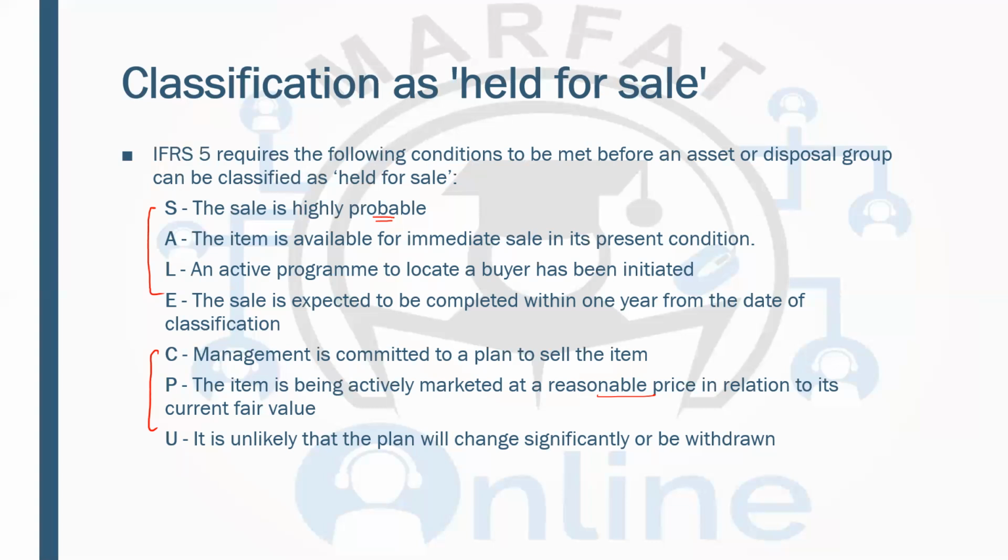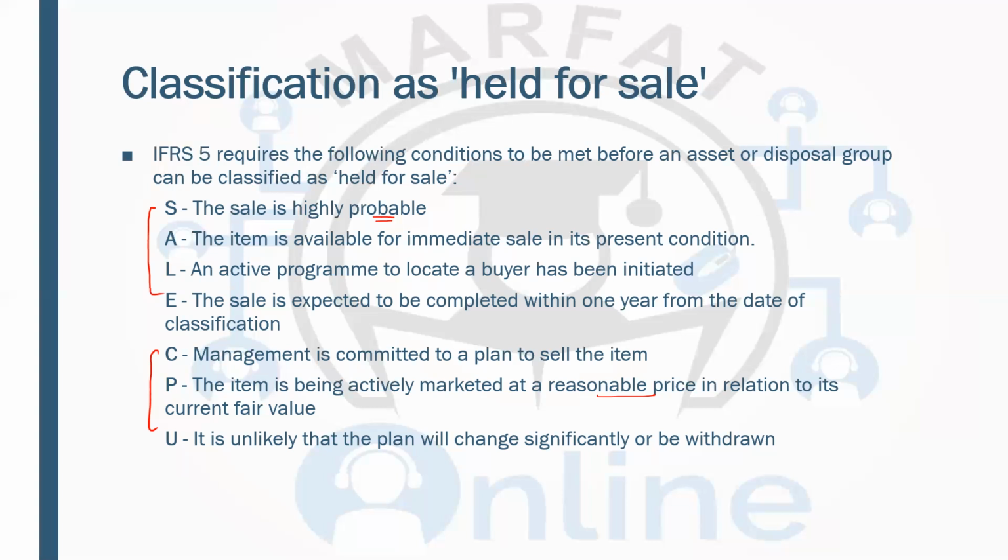And then the third criteria is an active program to locate a buyer has been initiated. An active program means that you have marketed that asset in the active market. Nowadays, we have many sources, like websites, where we can put an ad regarding those assets, saying we are going to sell them, and buyers can approach us through those applications and websites.